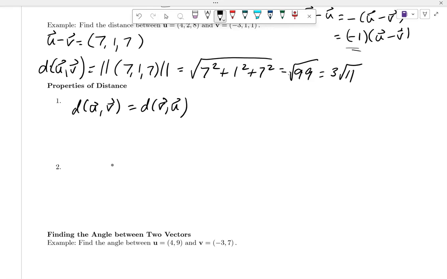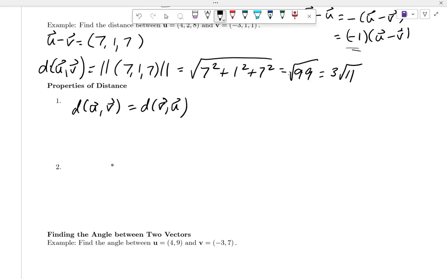Doesn't matter if I do the distance from u to v or the distance from v to u, I get the same answer. Makes sense that should happen, right? Shouldn't matter which way I go. If I start at point A and go to point B, it better be the same as if I start at point B and go to point A.